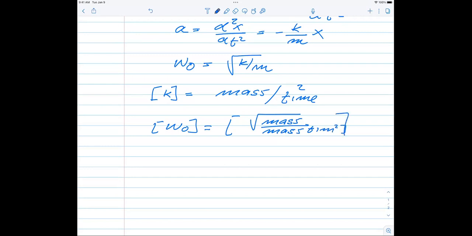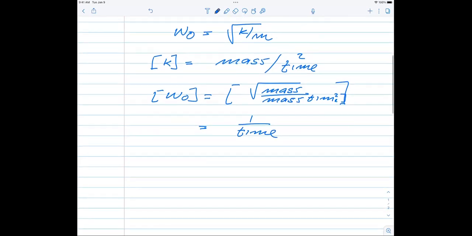So this means that what we have now is something which has a dimensionality of 1 over time. So that's why we call this a frequency, because a frequency represents something which repeats itself in a certain time period. So that means that frequency has dimension 1 over time. So everything seems to be okay here. And this quantity is often called a natural frequency.